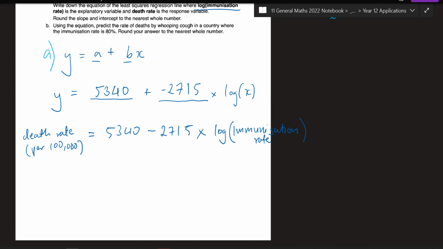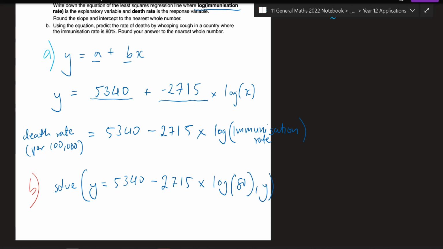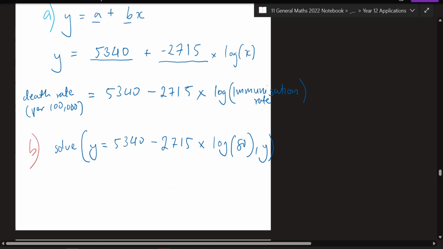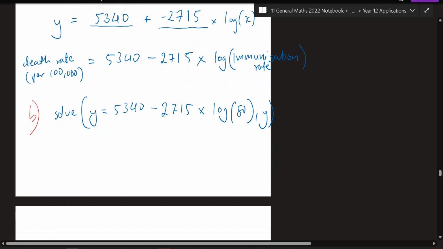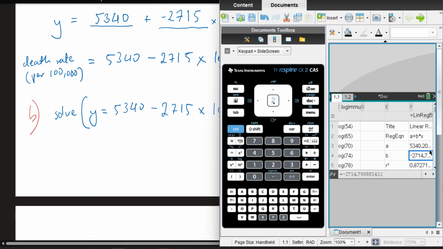All right, so let's do that. So you can use your calculator for this. You can go and use your solve function. So you can go solve and then y equals 5340 plus negative, actually we'll just go straight negative 2715 times log 80 comma y. Put that in your calculator and it'll help you figure out what the death rate is. So let's put that in.